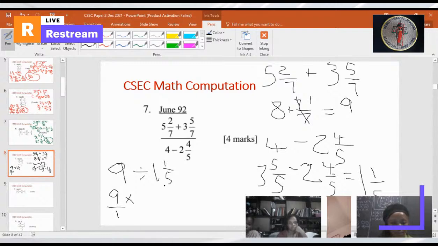What does it become? 6/5. So 5 times 1 is 5, plus 1, 6/5, and we are to invert it to 5/6 because we're dividing by a fraction, right?